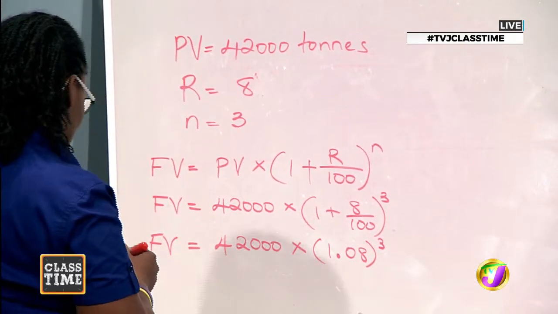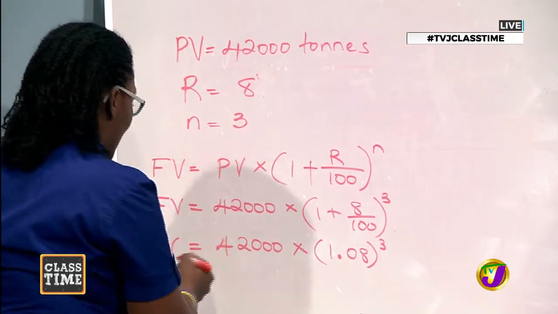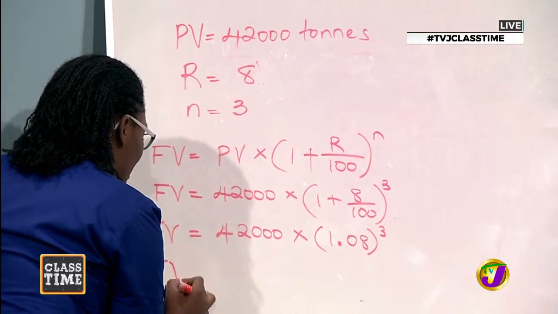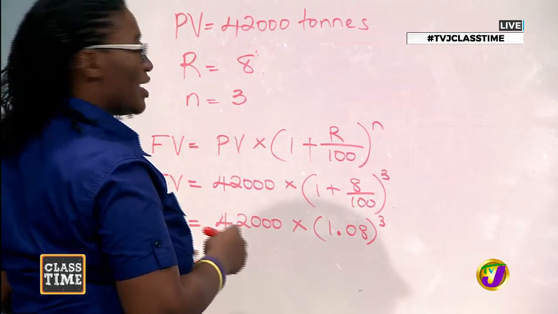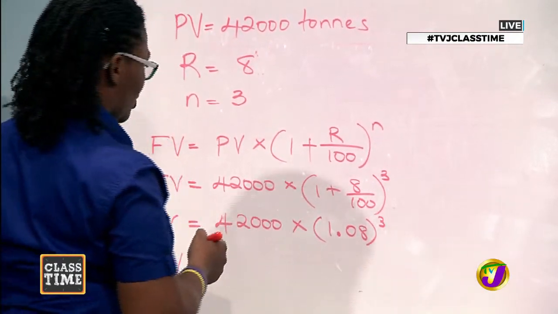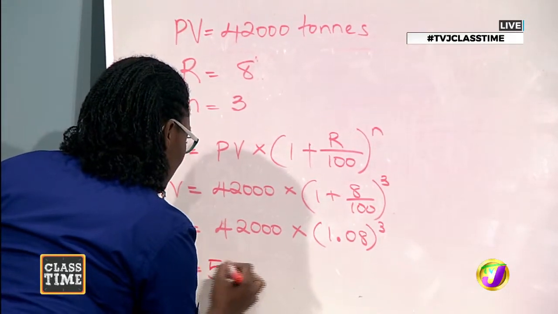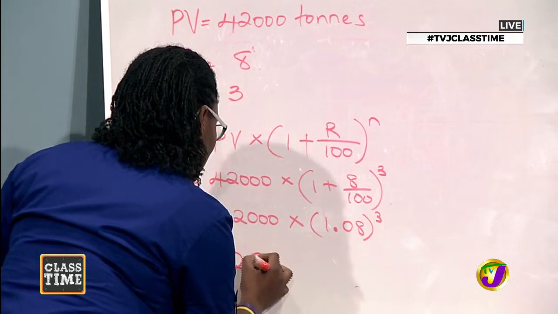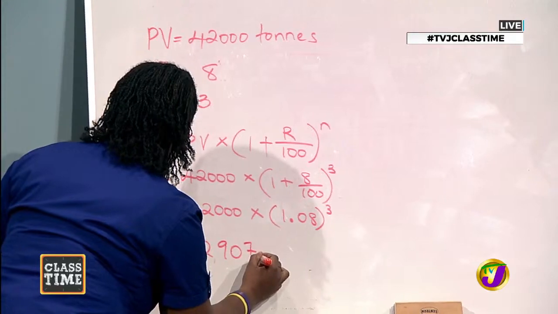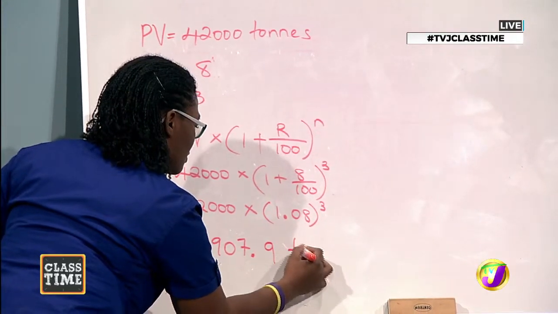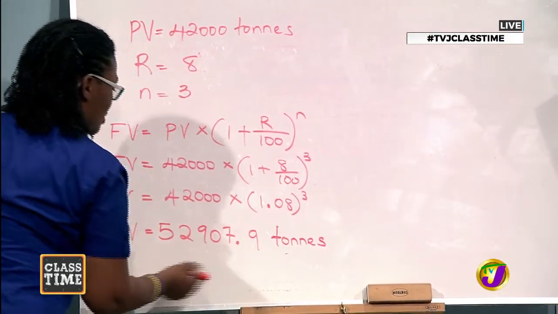And I'm sure that our students who are watching will be able to actually do this calculation, and once correctly done, you should get an answer of, I think I want to double check this. All right, yes. 52,907, and I'm putting on my units. Tons. Tons. Right.